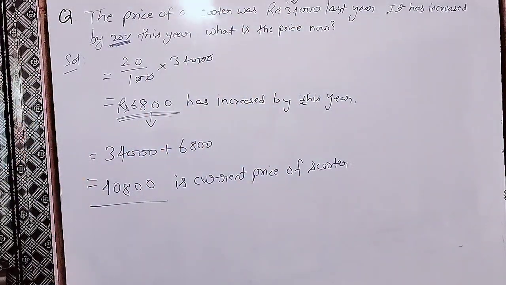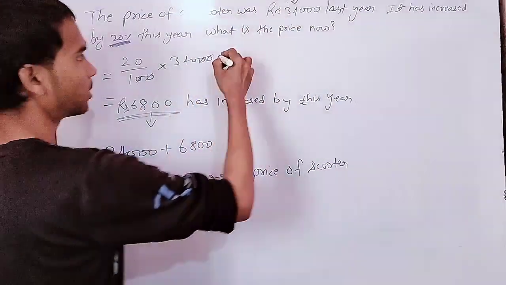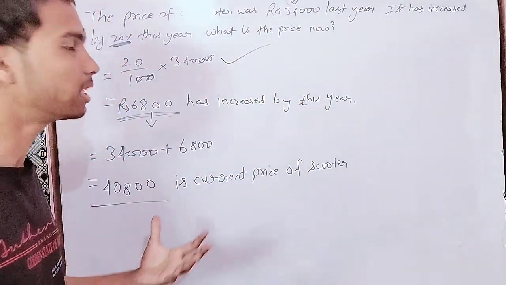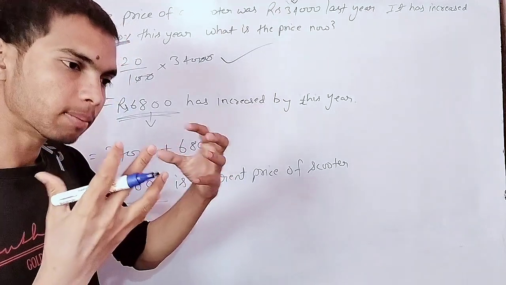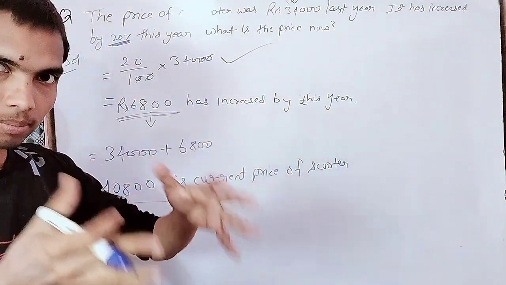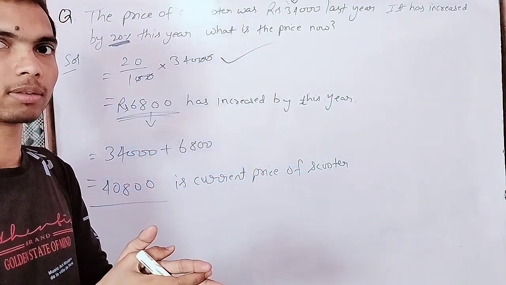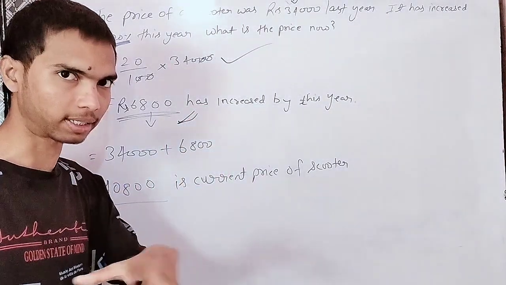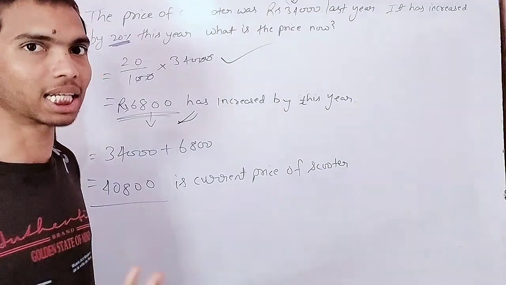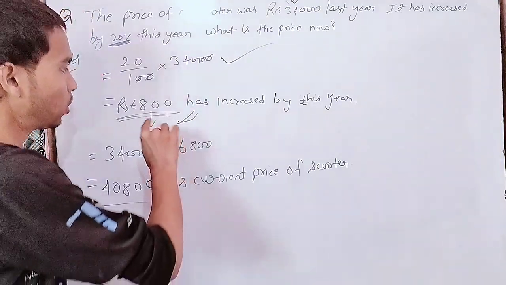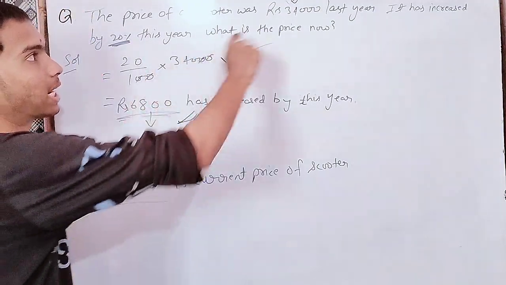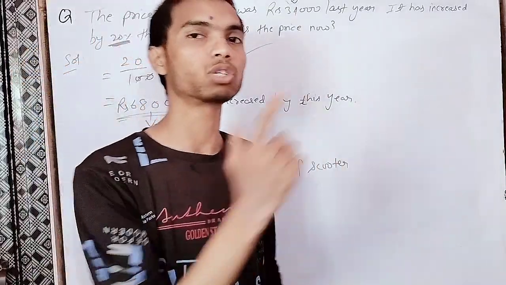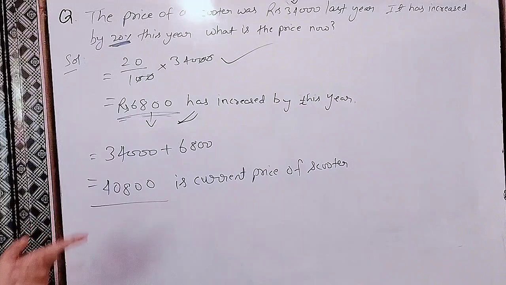Now you can see, from here we know the exact price increase this year, which was in percentage. Exactly 6,800 is the increase this year. Now the increased price will be added to the old price of the scooter, and will give us the current price of the scooter.